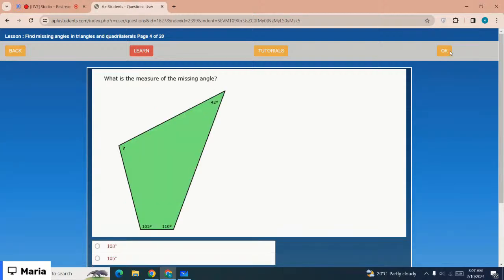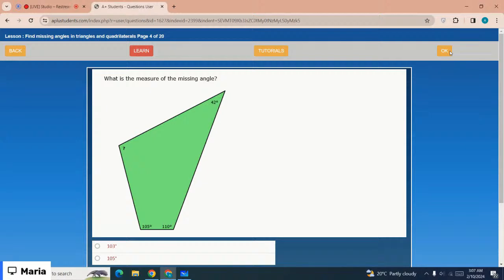What is the measure of the missing angle? You need to add them and subtract them from 360.